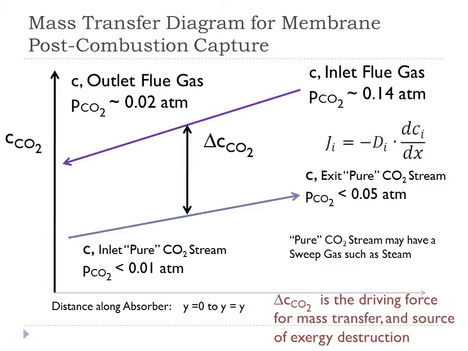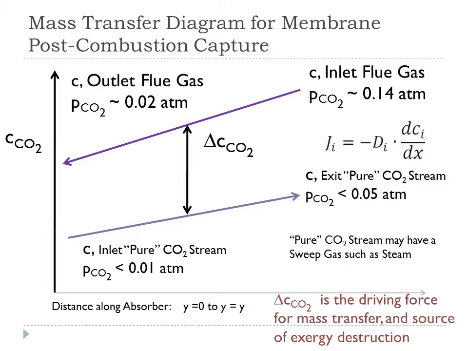So there's a couple things you can do here. You could sweep with steam. If you sweep with steam, it will allow you to have a slope in the bottom line here. Okay, and you can have it such that at the entrance of the sweep, there's no partial pressure of CO2.